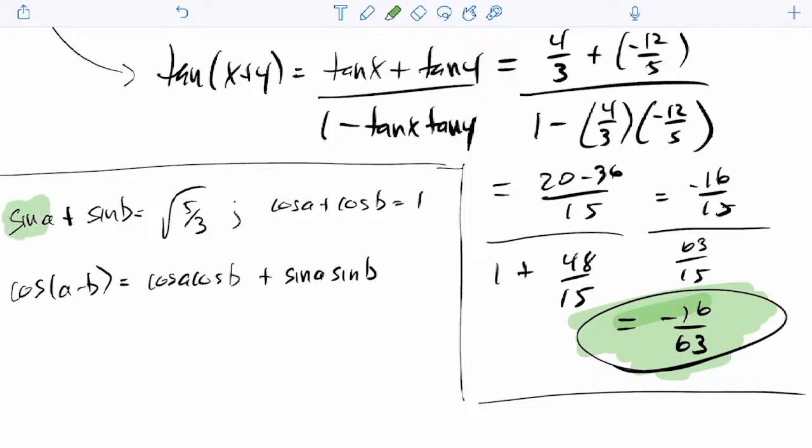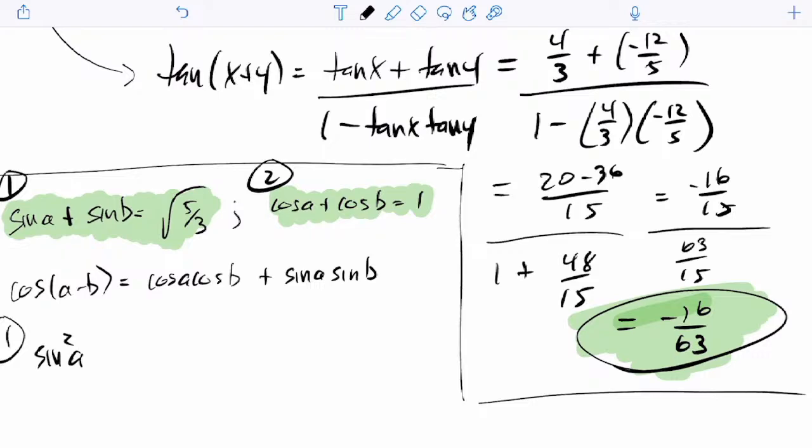When you get something like this, a common trig technique is to square both sides of the equations. So for both of these equations, I'm going to square both sides. You square the first, so you get sine squared a. First times second times 2 gives you 2 sine a sine b.